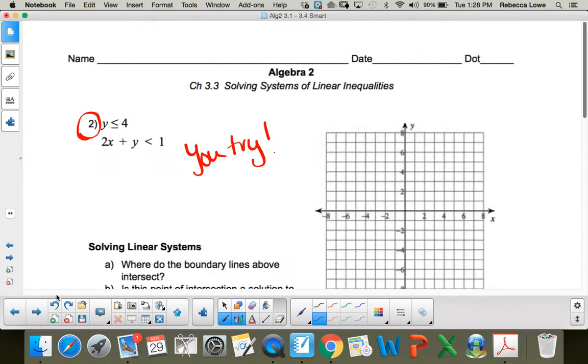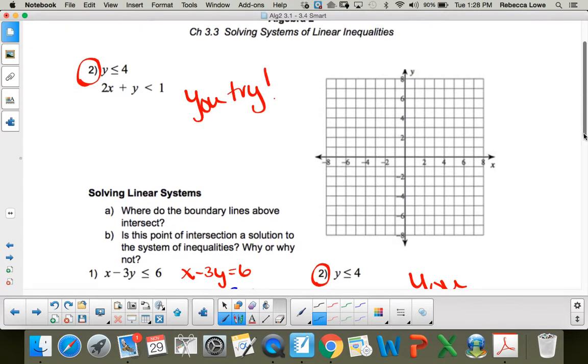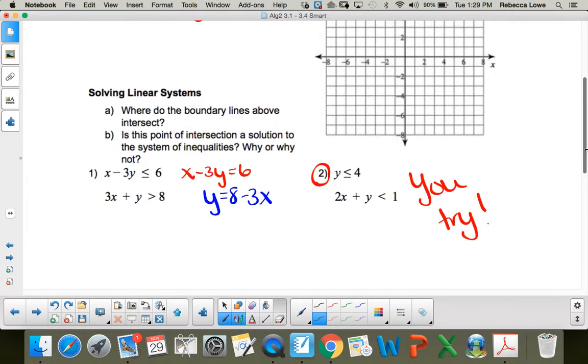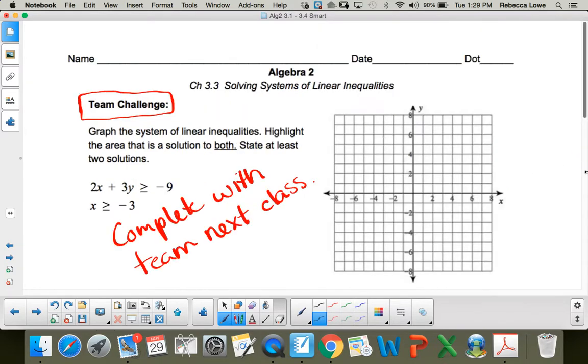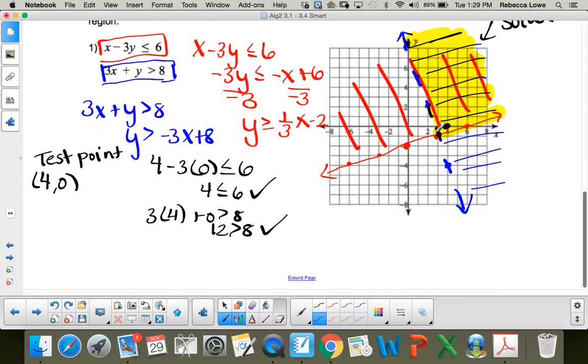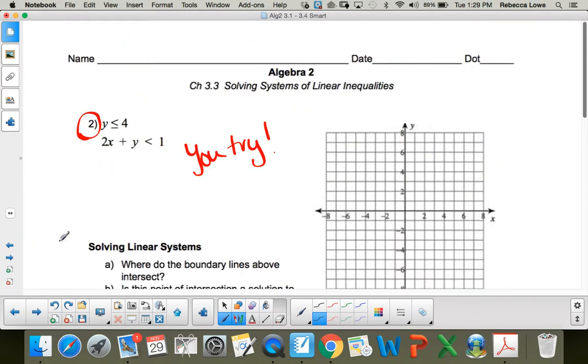So you're going to try number 2 on your own, and then we're going to connect this later on with solving linear programming problems. And what we would have to do for that is figure out where those lines intersect. So the question is, where do these 2 lines, the blue and the red line, intersect? And that's what it's asking in this problem.